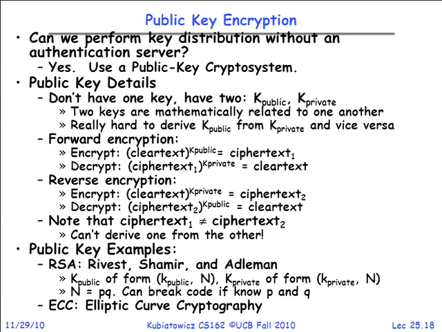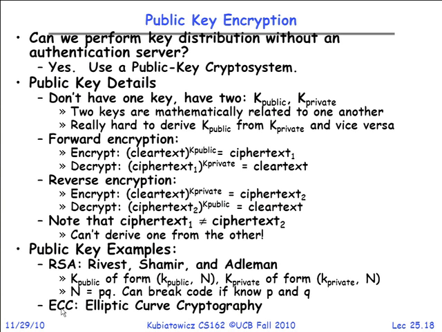Another thing which is much harder to break is ECC, elliptic curve cryptography. Or let me put it this way, it seems to be harder to break. For the same level of security as, say, a 1024-bit RSA key, you can get by with a 200-bit ECC key. So it's much more efficient from a number of bits standpoint, for whatever that's worth.